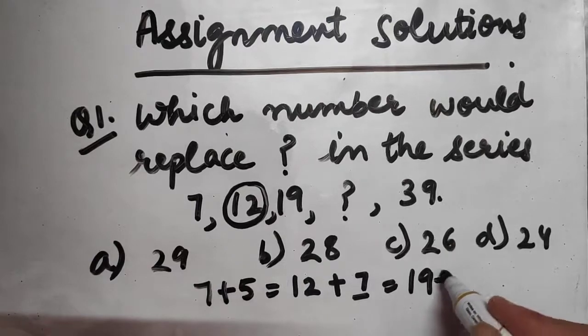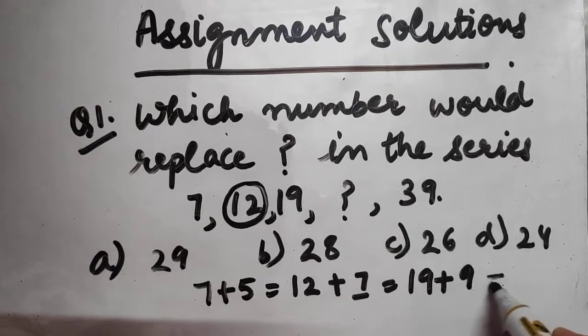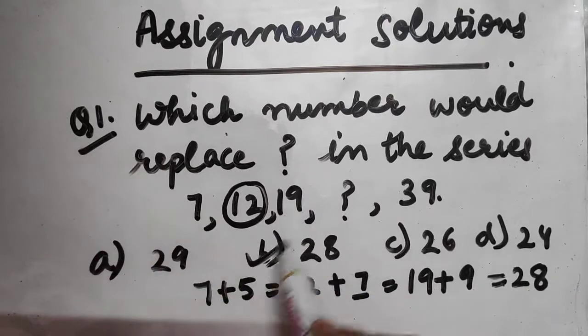Then plus 9 needs to be added. First we added plus 5, then plus 7, and then we need to add plus 9. So the answer will be 19 plus 9, that will be equal to 28. So for question number 1, B option is the correct option.